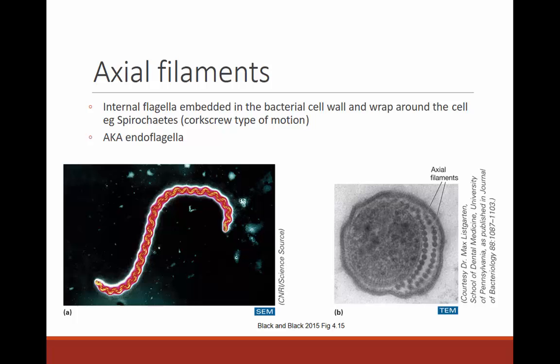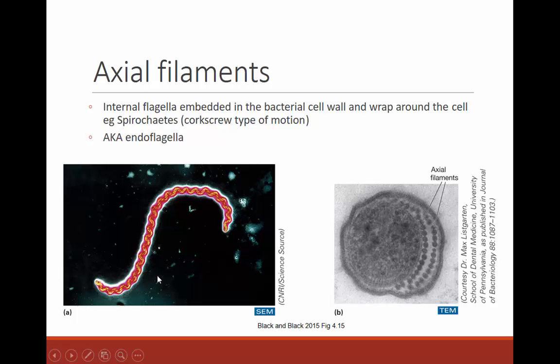Now the bacterial cells that don't have extracellular flagella can still move as well. So there are internal flagella, the axial filaments. If you look at this scanning electron micrograph, and it's been colorized, so don't worry about the color, it's just been colorized so you can see this yellow circular bit or spiral inside the cell.